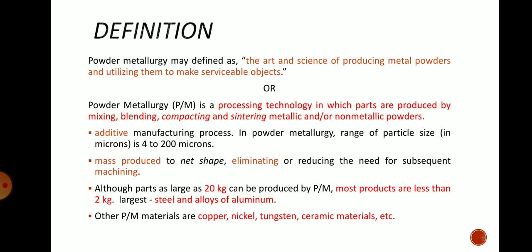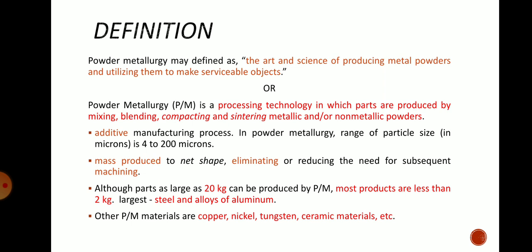These are the definitions. Now a few points regarding powder metallurgy. Powder metallurgy is an additive manufacturing process. Now you must know a few concepts in manufacturing technology: what is additive manufacturing technology and what is subtractive manufacturing technology.